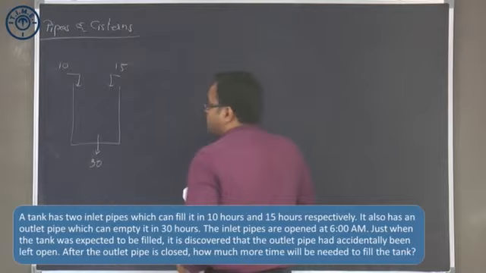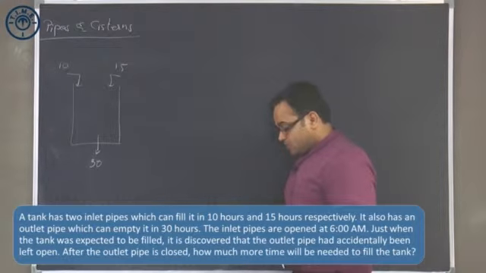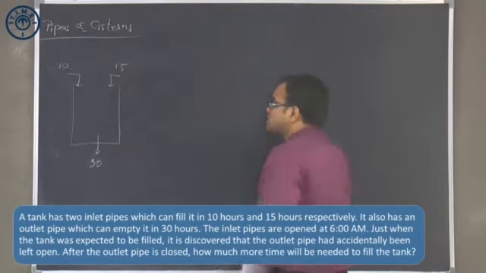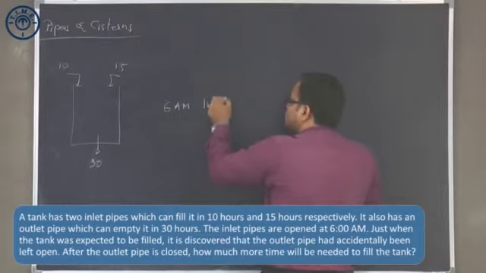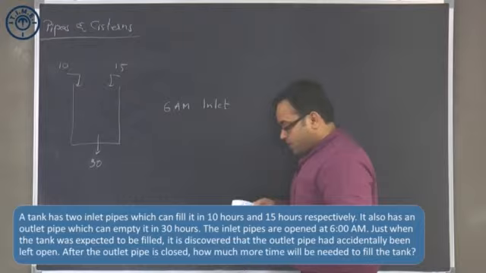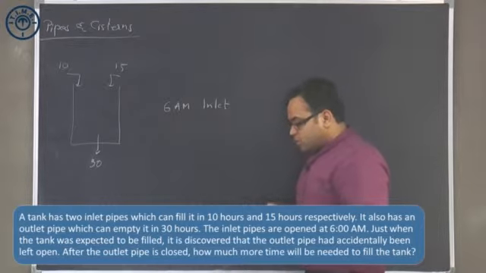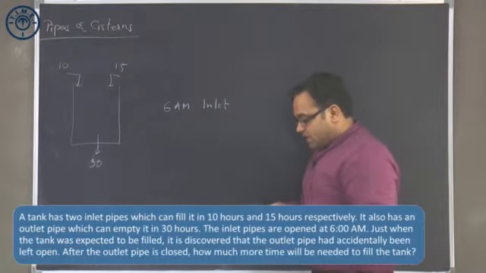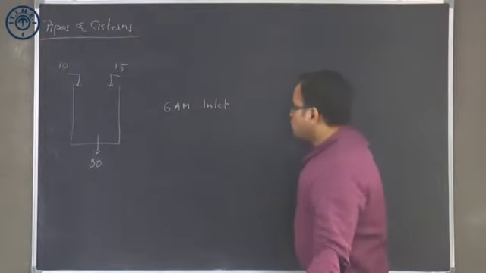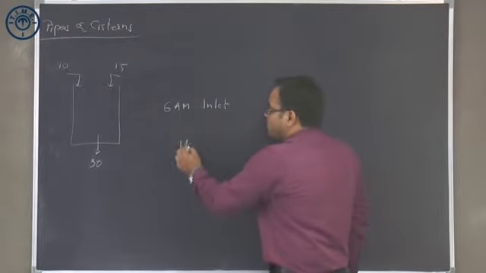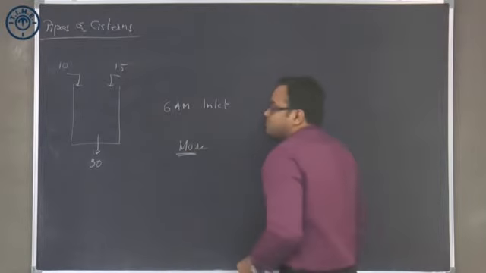The inlet pipes are opened at 6 a.m. Just when the tank was expected to be filled, it is discovered that the outlet pipe had accidentally been left open. After the outlet pipe is closed, how much more time will be needed to fill the tank?